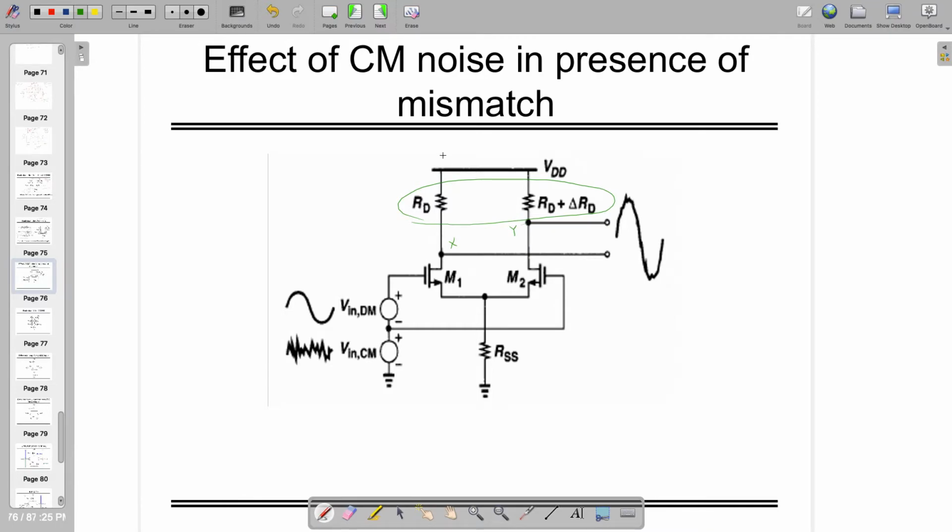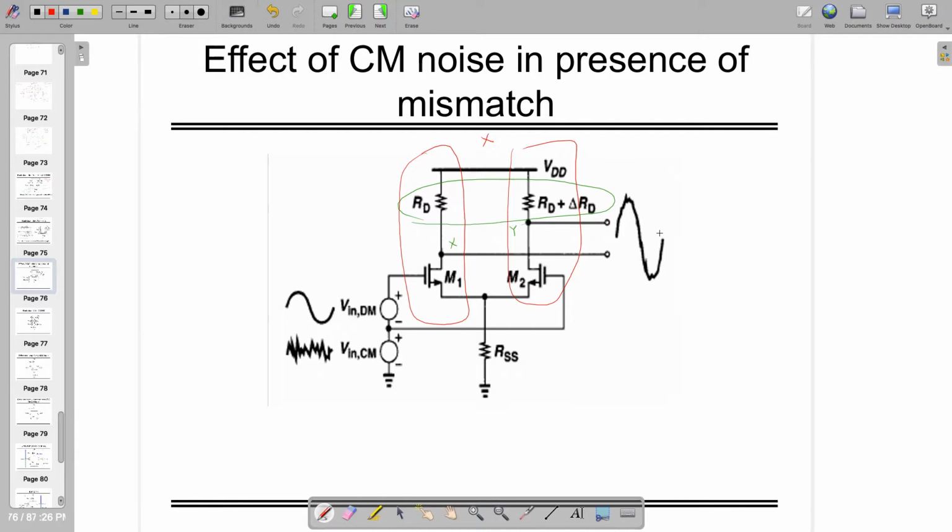But as these two balanced networks are not identical, common mode will be there, or you can say whatever the noise was here will be accordingly transferred and reflected over the output. So that has to be taken into account, and that is what generally happens.